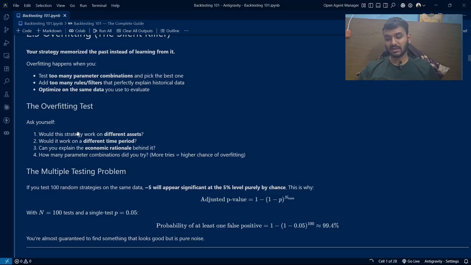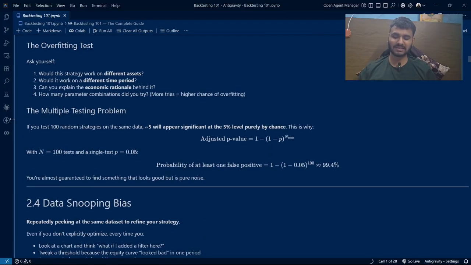Would it work in a different time frame? Can you explain the economic rationale or the hypothesis behind it? How many parameter combinations did you try? More tries equals more chances of overfitting. The multiple testing problem is: if you test 100 strategies on the same data, 5 will appear significant at the 5% level purely by chance.